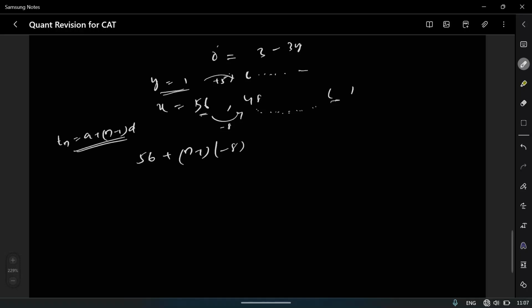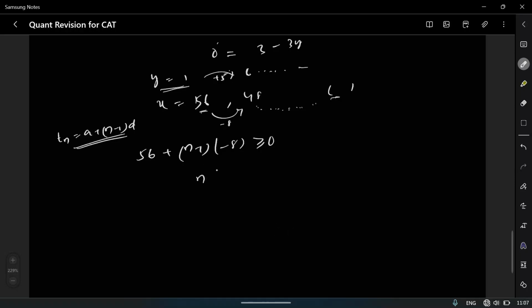Since it is a non-negative integral, it has to be greater than or equal to 0. So we get n is less than or equal to 56 by 8 plus 1. By solving this, we are getting n less than or equal to 56 by 8 plus 1, so that means 8 terms.